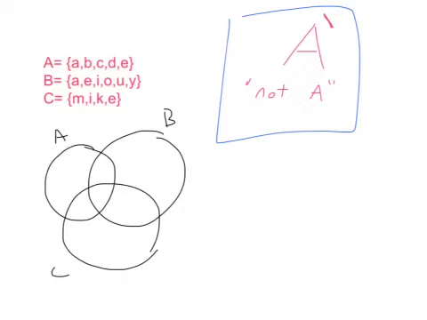Well, they all share an E. And A and C also share, oh, that's it. So this space here is what A and C share, but not B. And in here, that's the space that's shared by C and B. And what do they share?